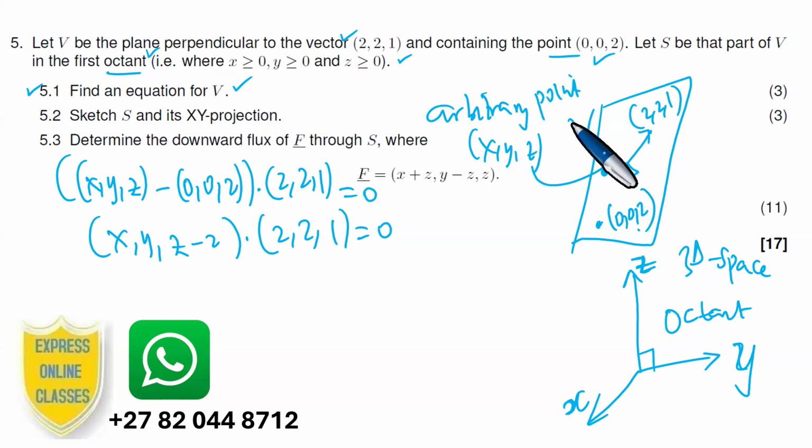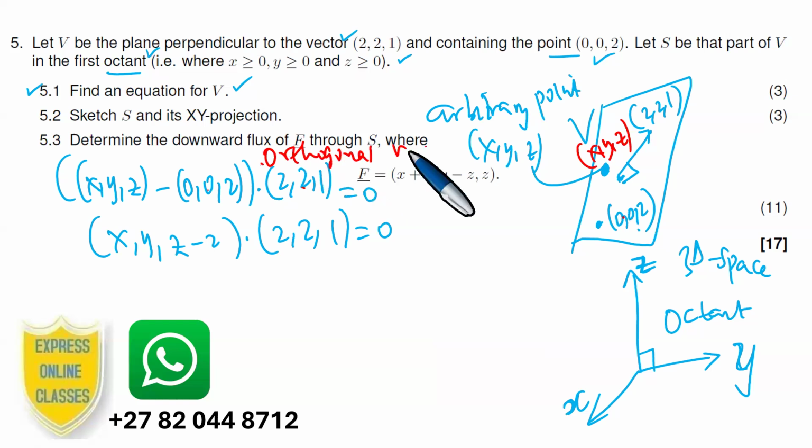So you take the 2 points, and then you take this one minus this one, you dot it with 2 2 1, and therefore, because the 2 2 1 is perpendicular to the plane, then this and that are orthogonal.